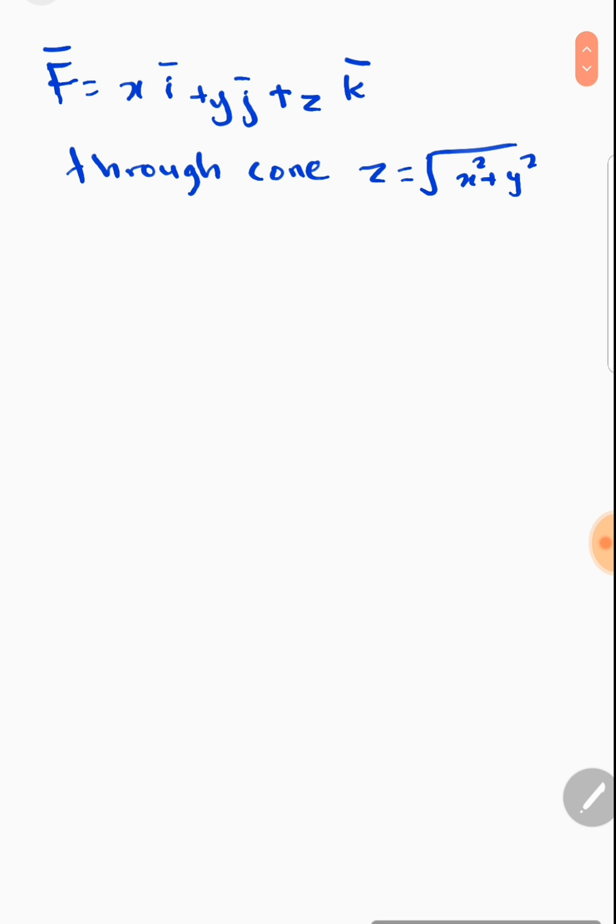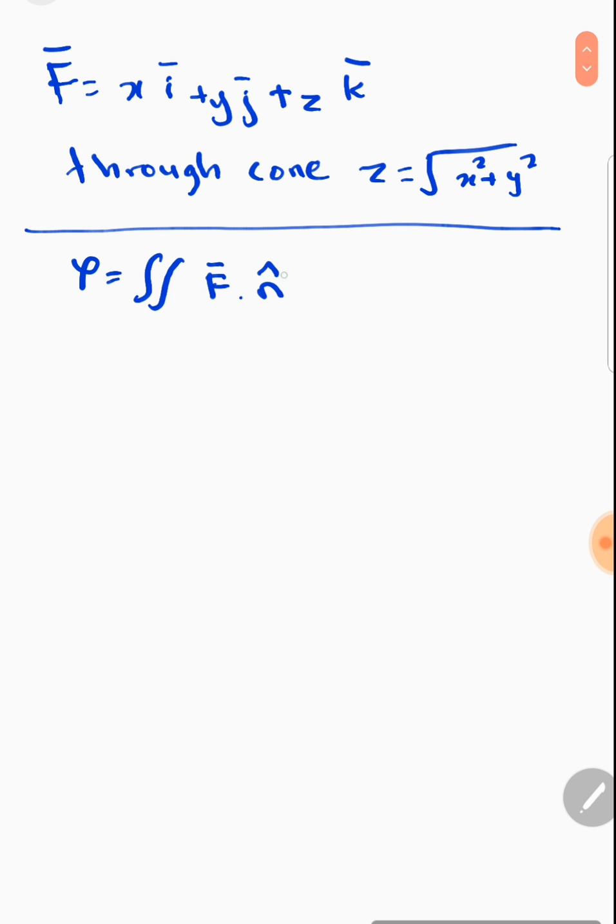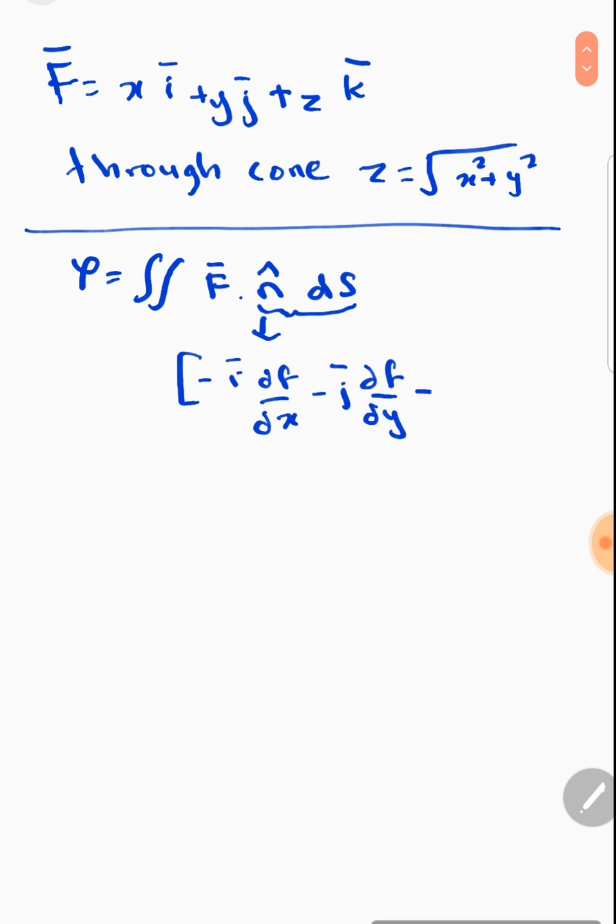Again, we want to look at our flux formula, which is the double integral of F dot n cap dS. If you recall, my n dS can also be represented as negative i df over dx minus j df over dy plus k dA.